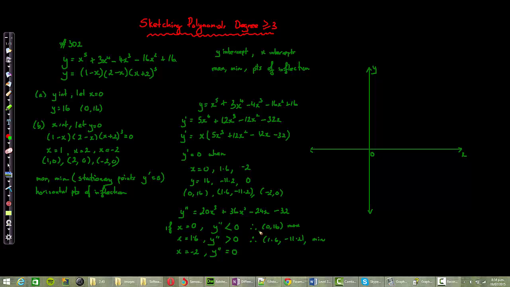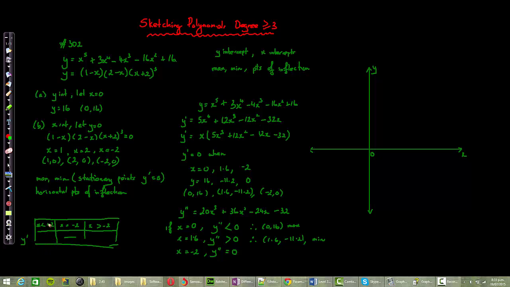So just to be absolutely sure, what I also did was to draw up a little table. This is the kind of table that we used of trying to determine whether points are maximum or minimum before we use the second derivative test. Now I've taken the x value equal to negative 2. The first derivative is 0, so it's flat.